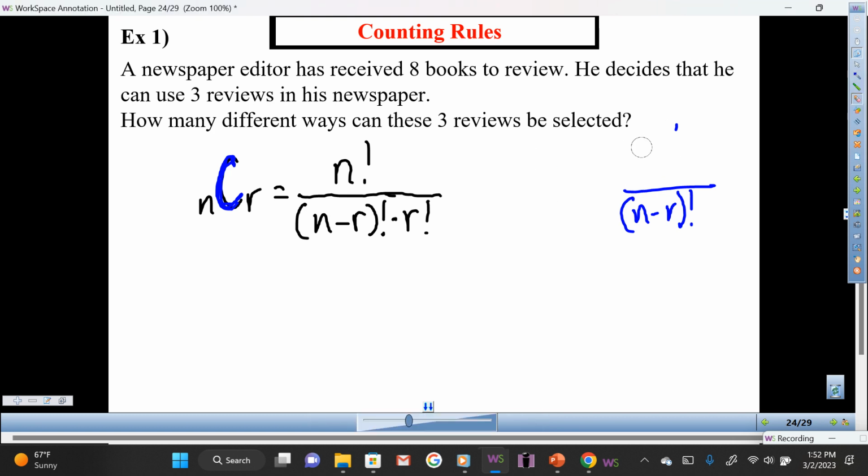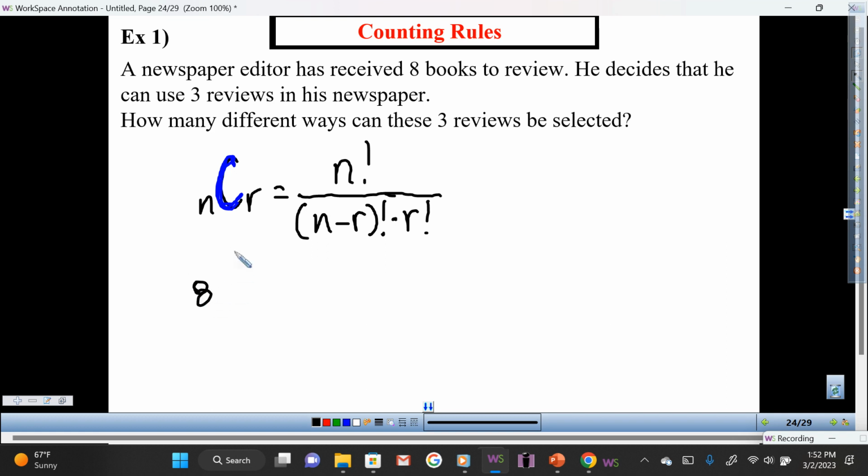So with that said, how many total, everyone? 8. How many objects are they selecting? 3. All right, so let's do that. We got 8, 3, 8 over 8 minus 3 factorial times 3 factorial.